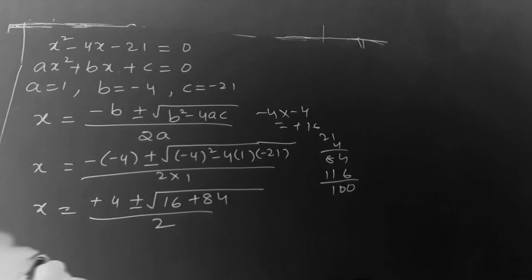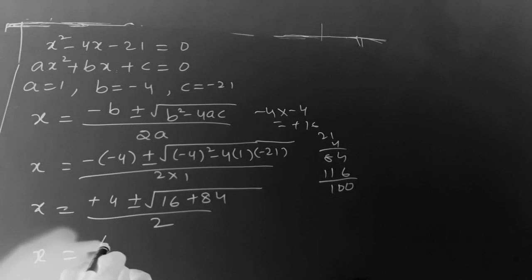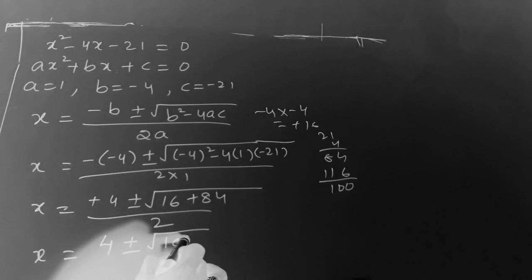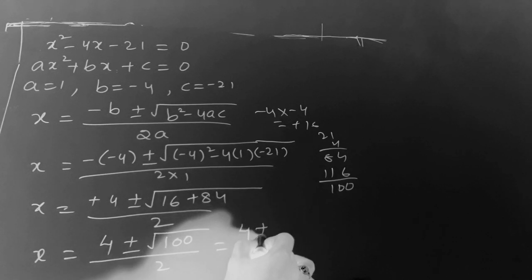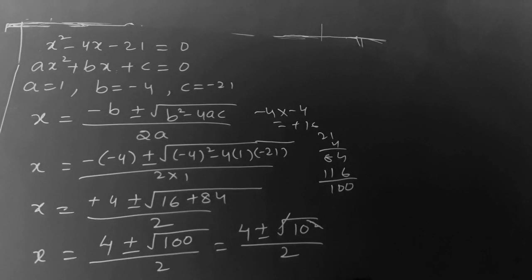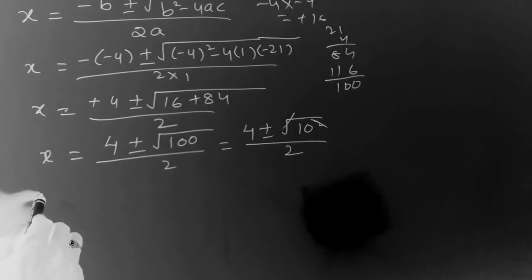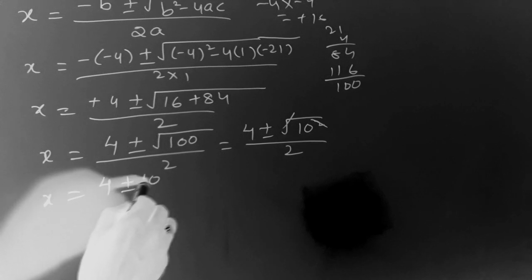The denominator is 2. So x is equal to 4 plus or minus square root of 100 by 2. The square root of 100 is 10. Square and root get cancelled. So finally I get 4 plus or minus 10 by 2.